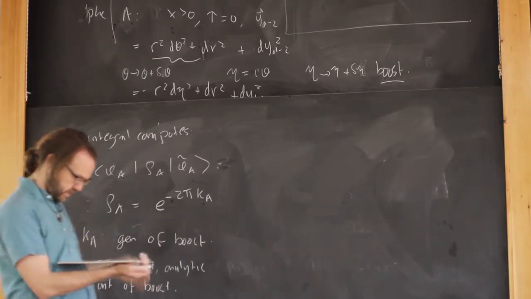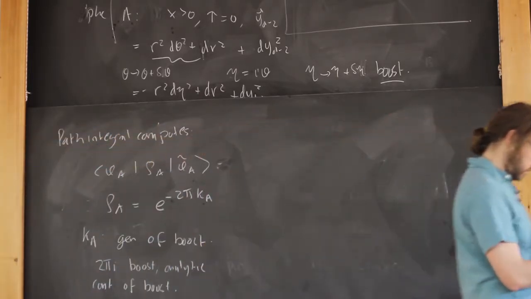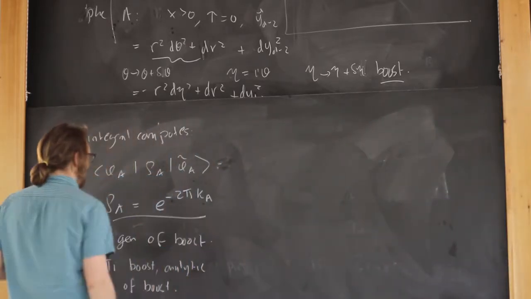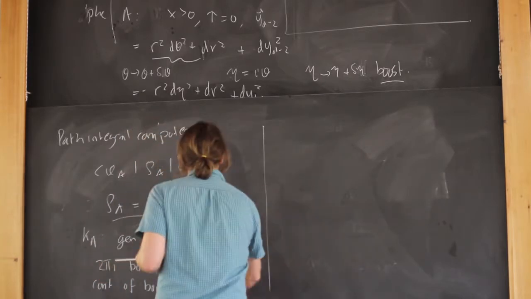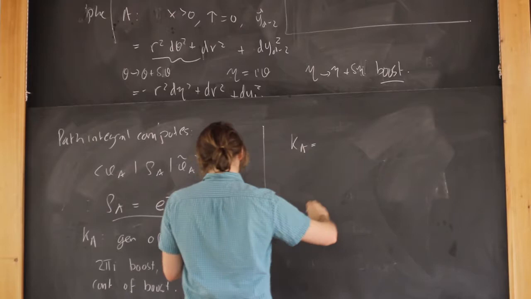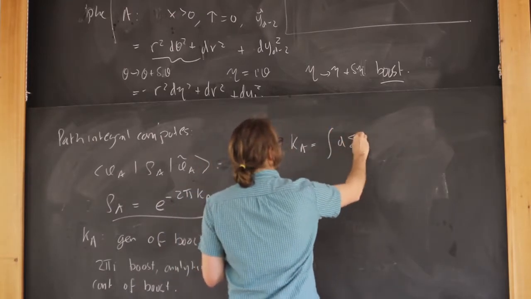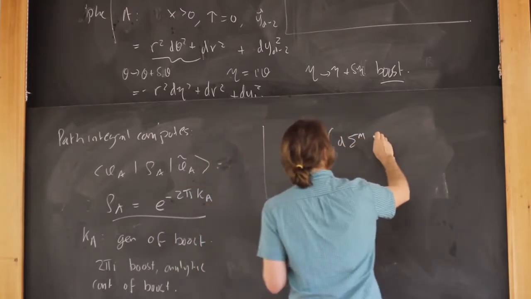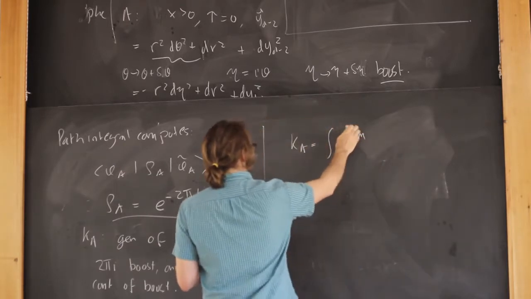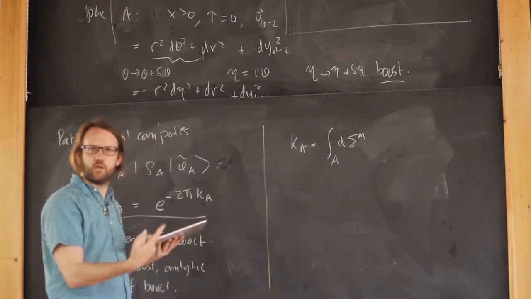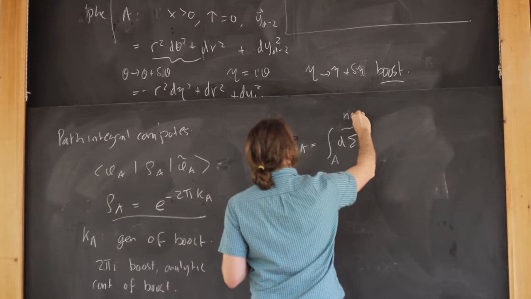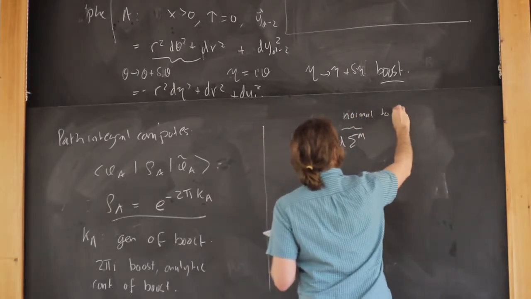Okay, so good, and so now we have an expression for the density matrix, and it's actually pretty explicit because we know what this operator is. So what is this operator? Well, it's an integral over the A region. So the A region has some measure factor with a normal n_A.